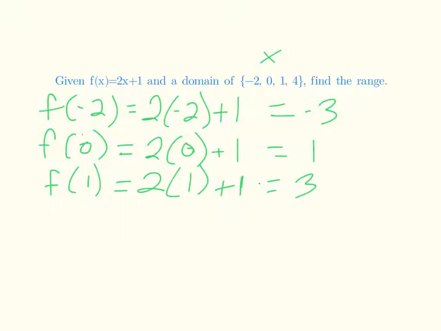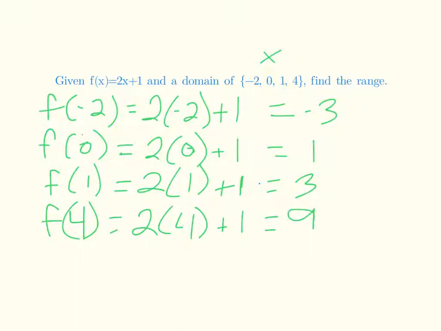And then finally, f of 4. Okay. That is 2 times 4 plus 1. So that's 8 plus 1, which is 9. So that is my range I just found. Those are the y values.